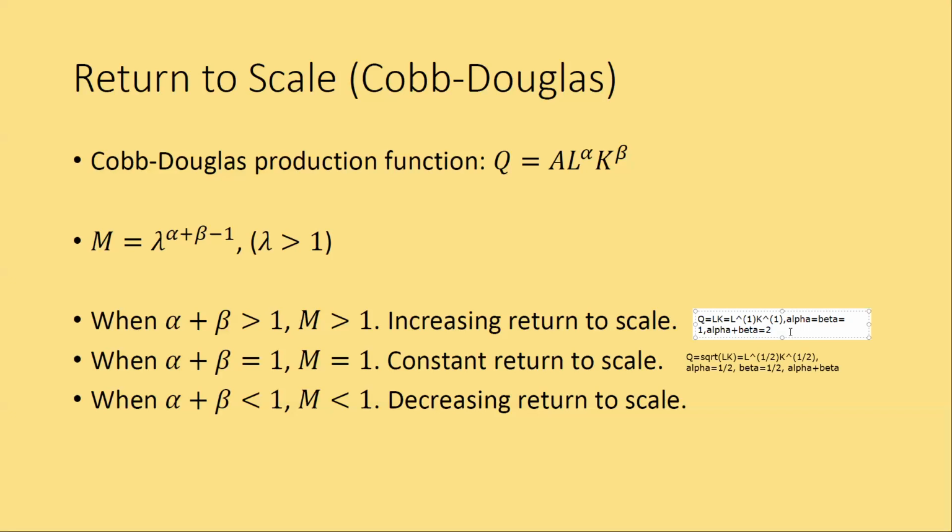And this is a case of increasing return to scale, all right? And of course, you can have other values of alpha and beta where the production function exhibits decreasing return to scale. So all those are possible for the case of the Cobb-Douglas production function. It all depends on the values of alpha and beta.